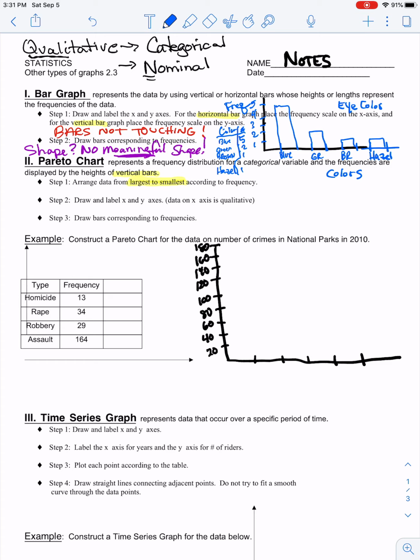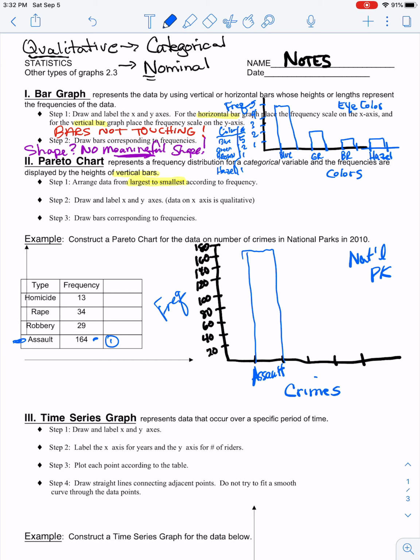The tallest one would be assaults because it's the highest number, so I'm going to draw that one first. Again, vertical bar. I counted by 20 because the scale's pretty big, and estimate that. Again, you write the word underneath. This would be crimes, maybe you call this national park, and over here, frequency.